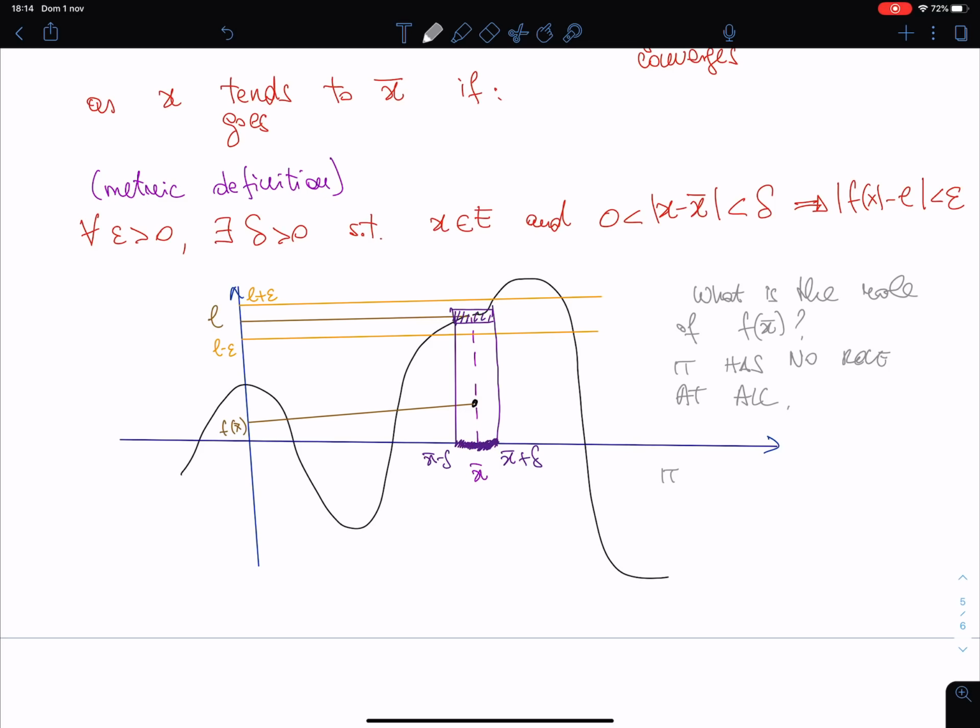X bar must be a point of accumulation of the domain, but it does not need to belong to the domain. Okay?